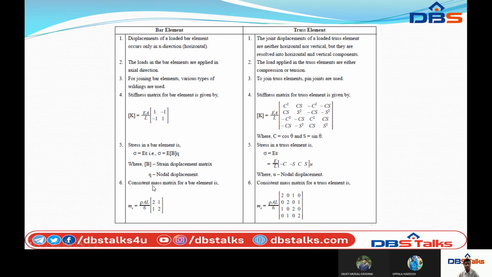Then the consistent mass matrix for a bar element is rho AL by 6 times 2, 1, 1, 2. Coming to the truss element, rho AL by 6 times 2, 0, 1, 0, 0, 2, 0, 1, 1, 0, 2, 0, 0, 1, 0, 2. These are the main differences or comparisons between bar element and truss element.